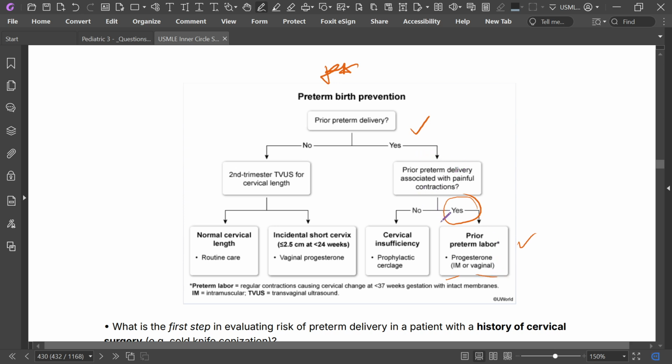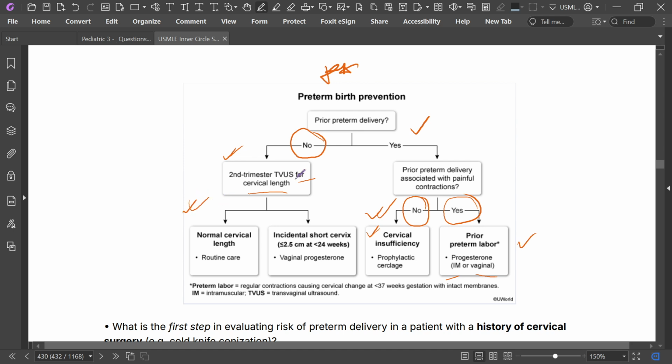If prior preterm delivery is associated with no painful contractions, and there is cervical insufficiency, prophylactic cerclage should be given. If there is no prior preterm delivery, do a second trimester transvaginal ultrasound for cervical length.